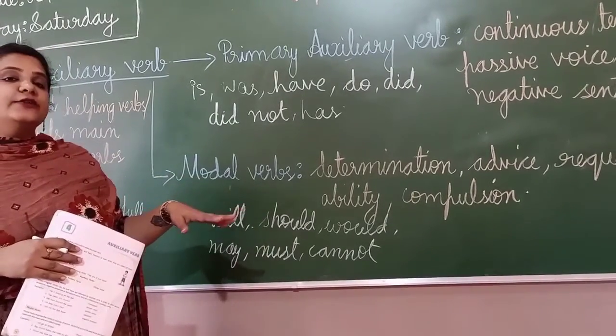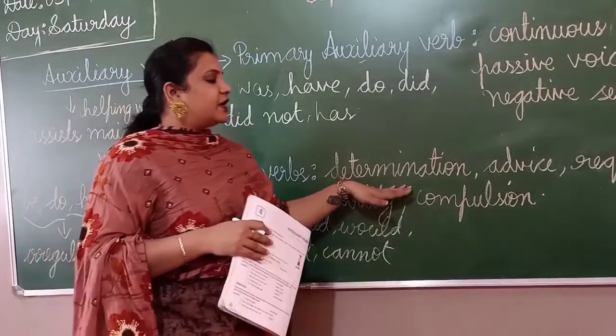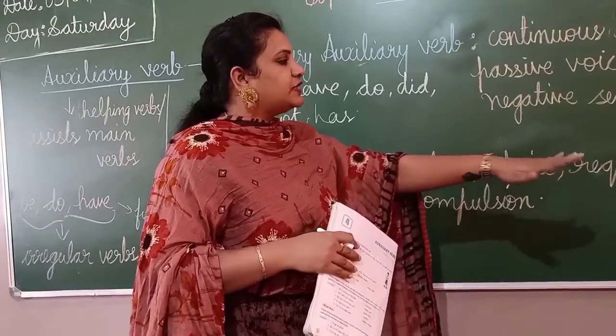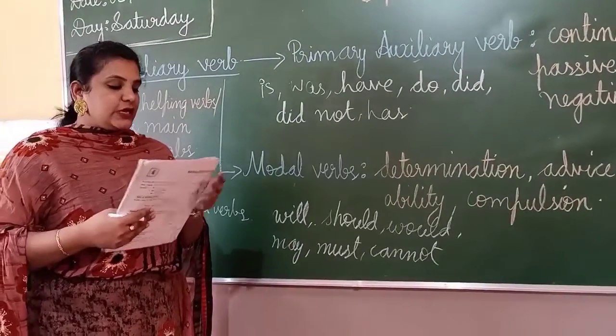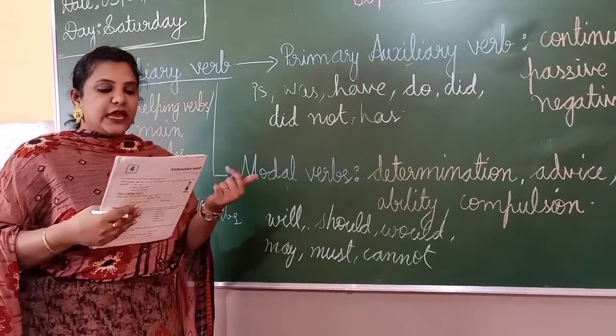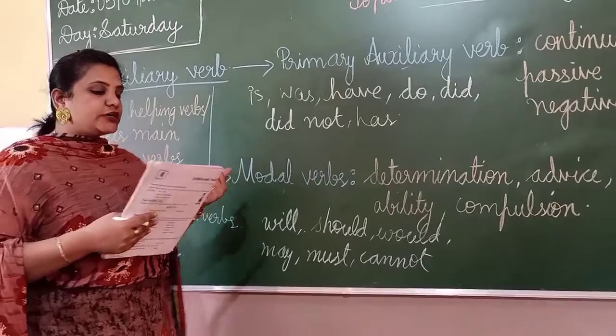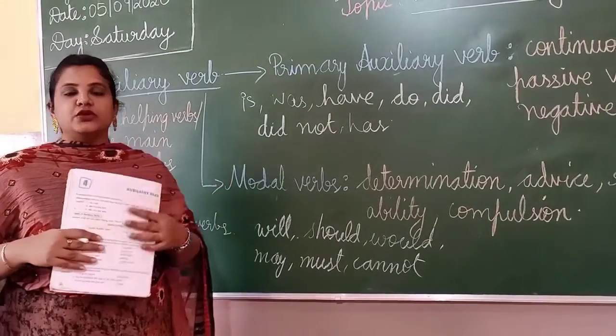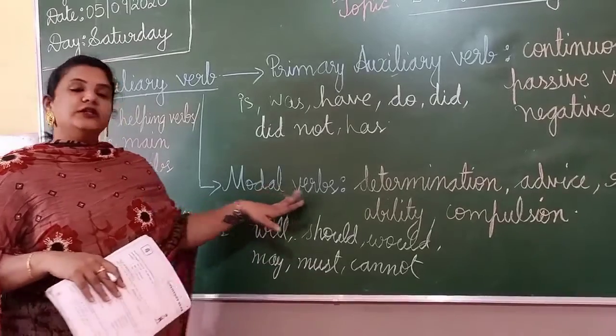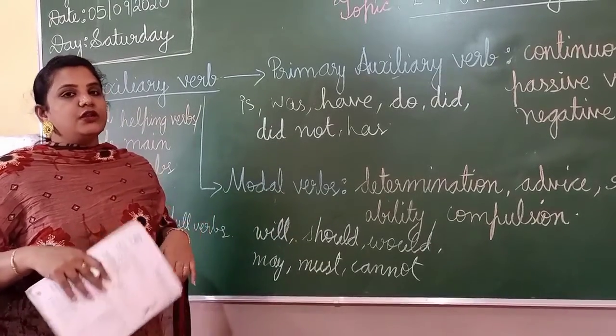Modal verbs are used in sentences such as determination, advice, request, possibility, ability and compulsion. The words are will, would, shall, should, can, could, may, might, ought, need, must, mustn't, shouldn't. These are some examples of modal verbs.